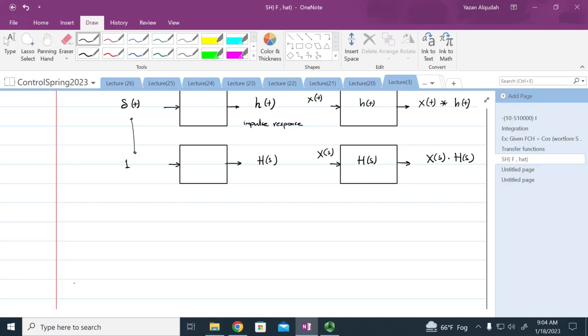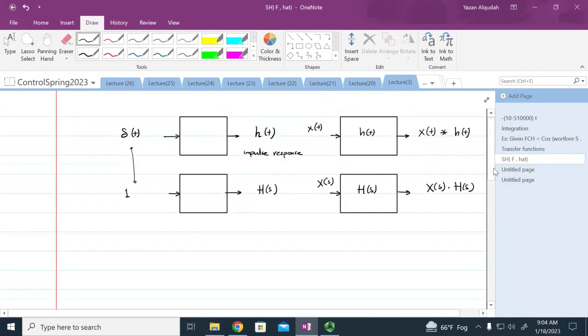Now, if I look at this, let me call this y of t and this y of s. H of s is equal to the output y of s divided by the input r of s. But if r of t, which is the input, is equal to a delta of t, then r of s is going to equal a 1.